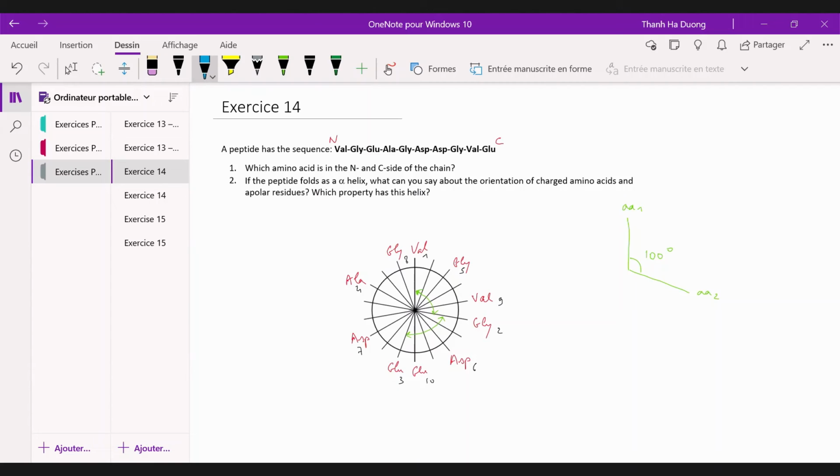Apolar, hydrophobic, right? Glycine, hydrophobic.